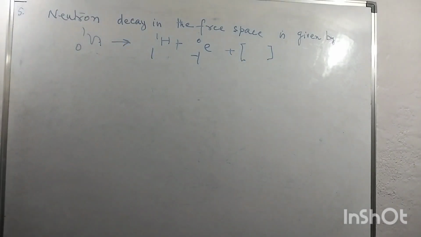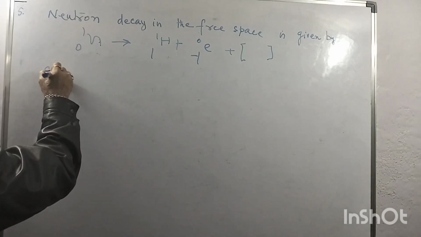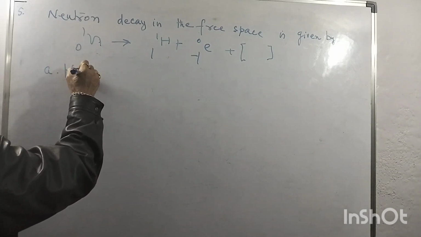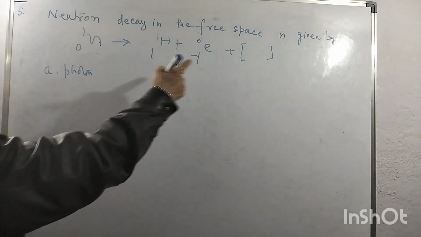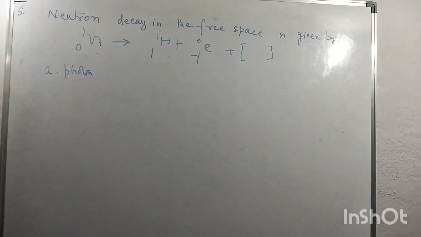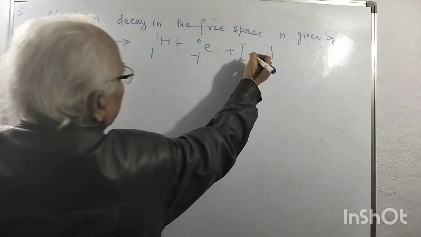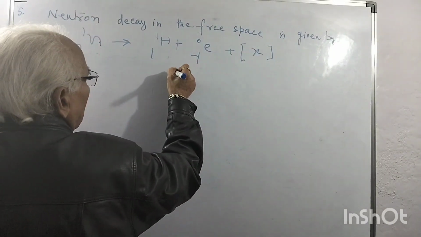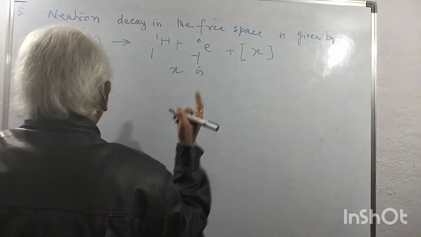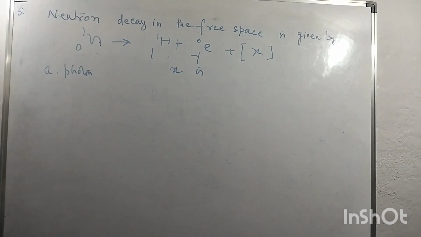What is this something else? The answer A is photon. What is this X? X is what? Photon.